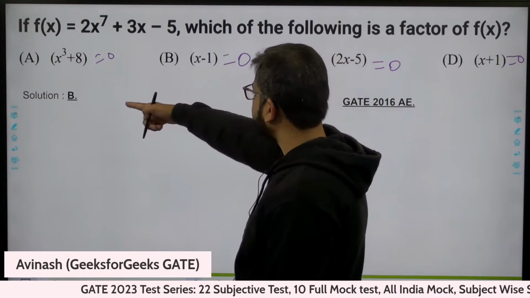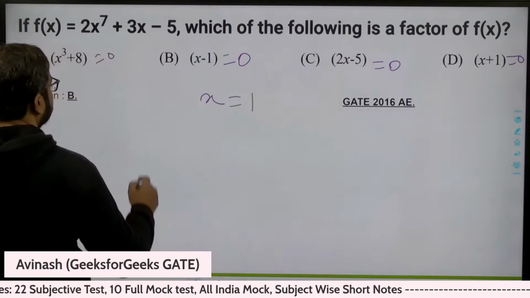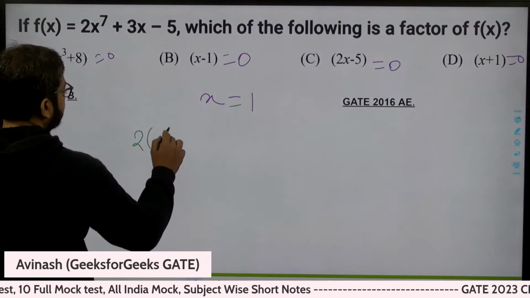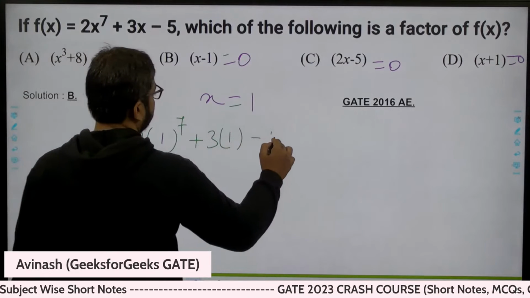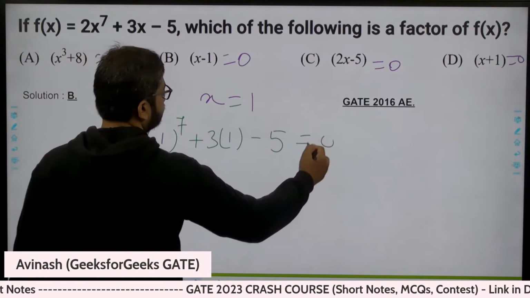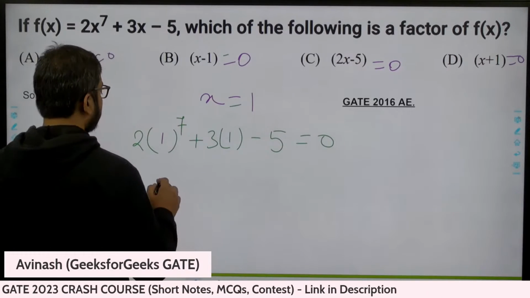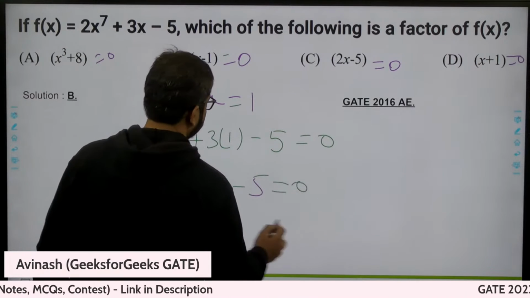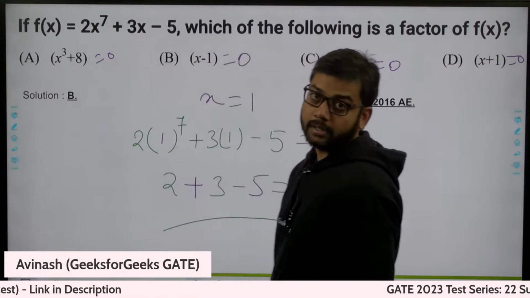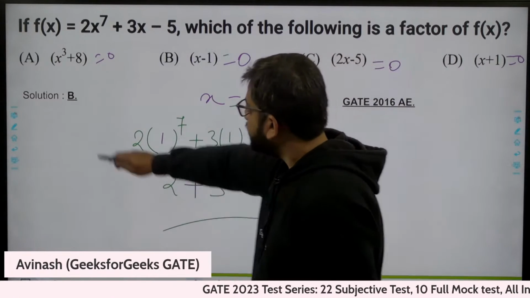Suppose I'm saying answer B is correct: x minus 1 is equal to 0, so x is equal to 1. Put x is equal to 1: 2 plus 3 into 1 minus 5 should be equal to 0, because if it's a factor, this should be 0. So 2 plus 3 minus 5 gives you 0, which means this is a factor. So in the examination, don't start with the hard option.